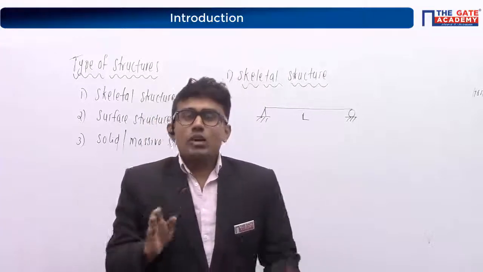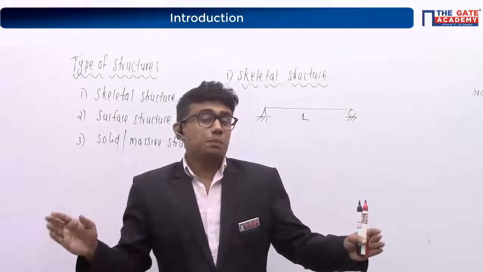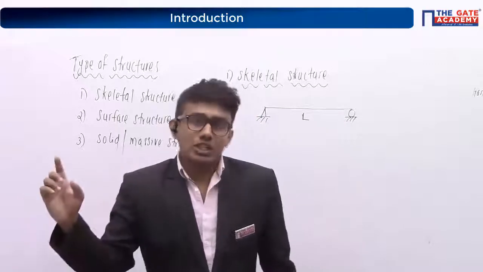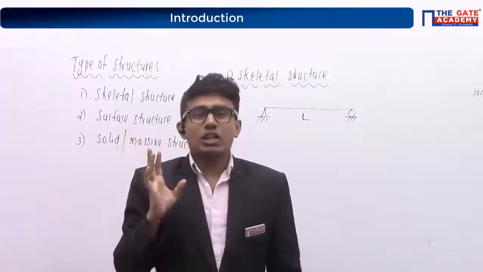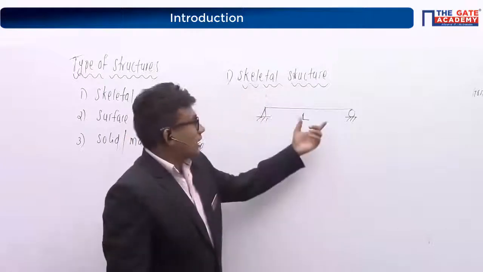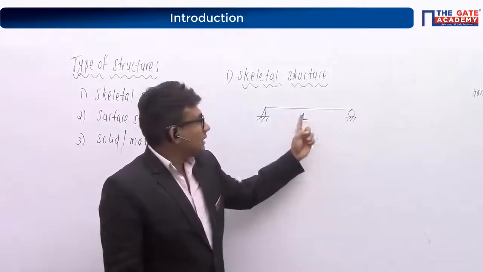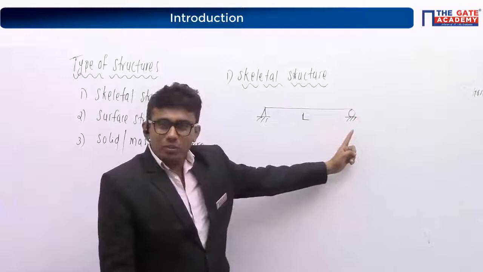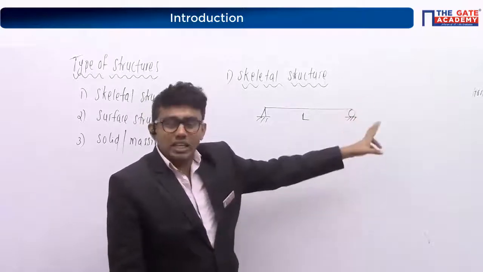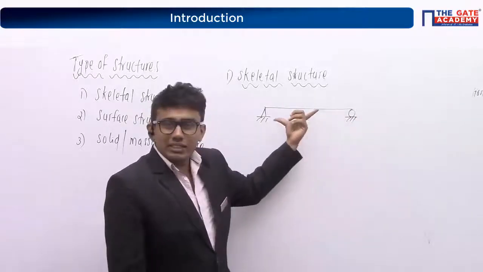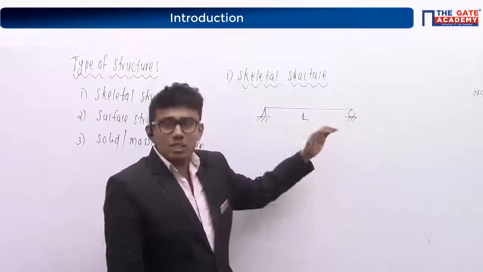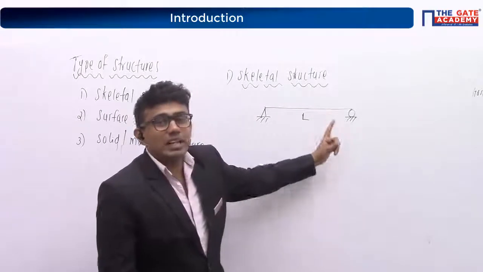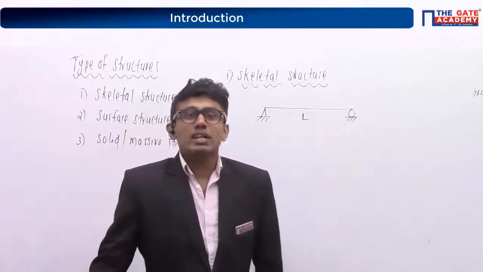Got the point? In a simply supported beam, the length was predominating the breadth and depth, so we go with only the length of the beam. It can be considered as an example of a skeletal structure.